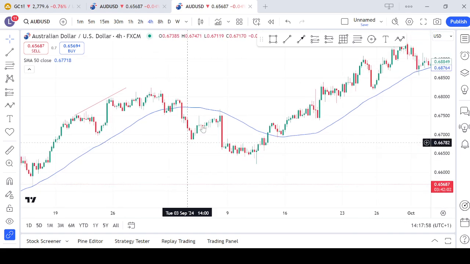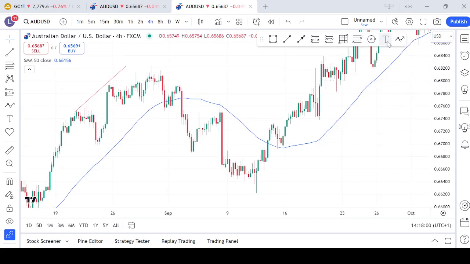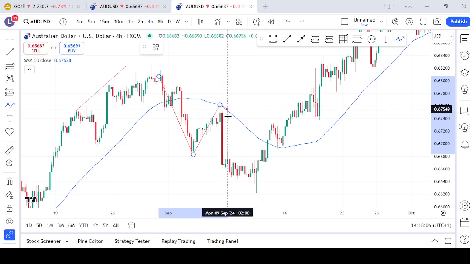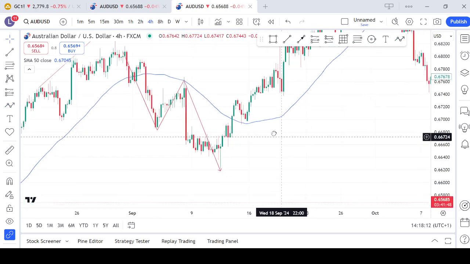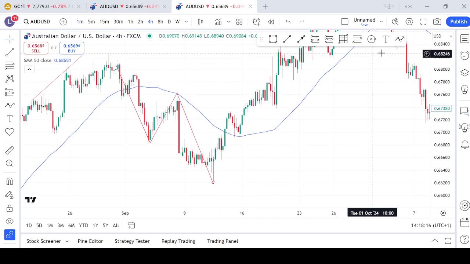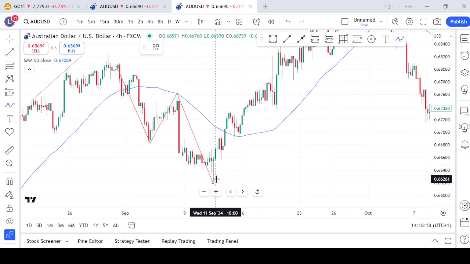You can see another example here. Price went below the moving average right here and retested it here, giving us a confirmation. I see this engulfing candle right here, giving us a confirmation to continue this bearish trend, but it didn't last. Price crossed to the upside.